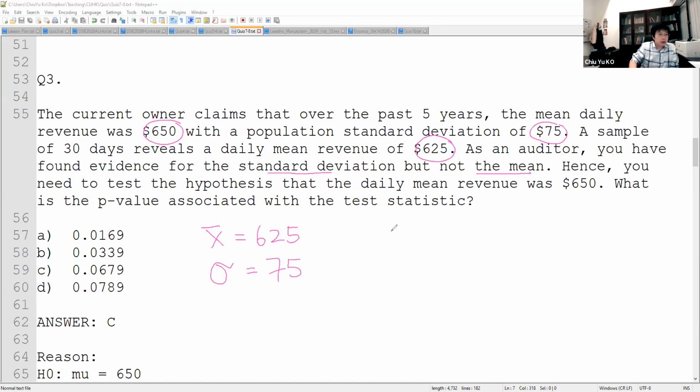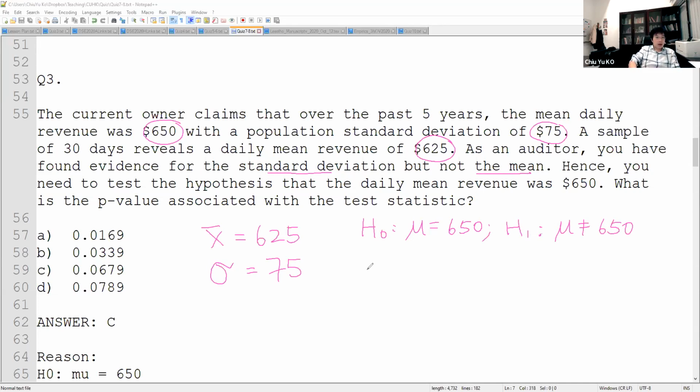So you need to test the hypothesis that mu is 650, right? And also we don't know the direction, so it must be not equal to. So it will be a two-tailed test because you don't have any particular information that is naturally two-tailed.